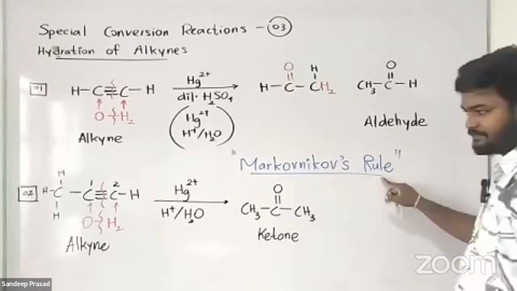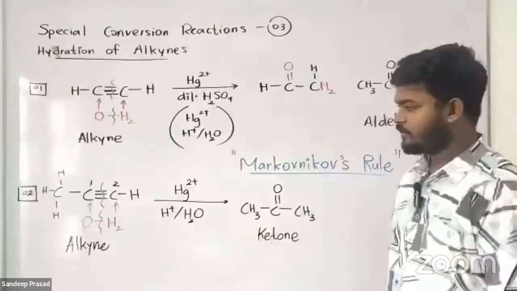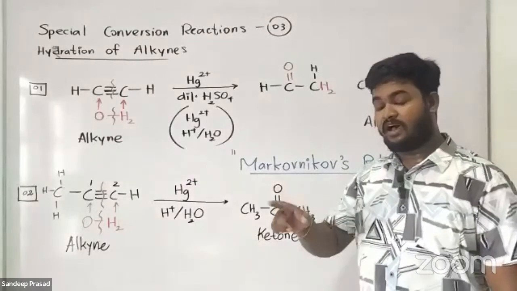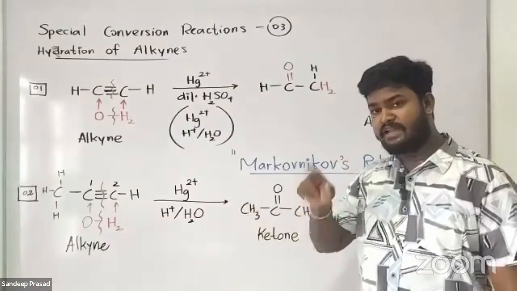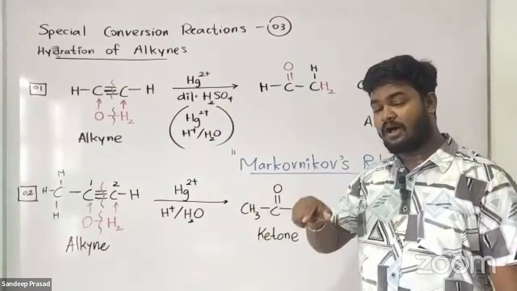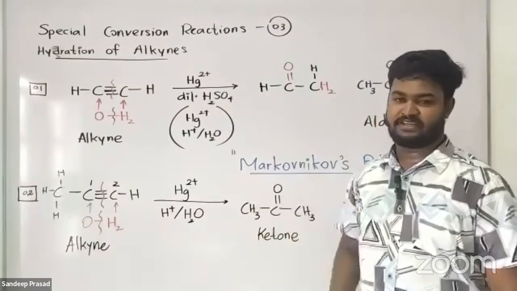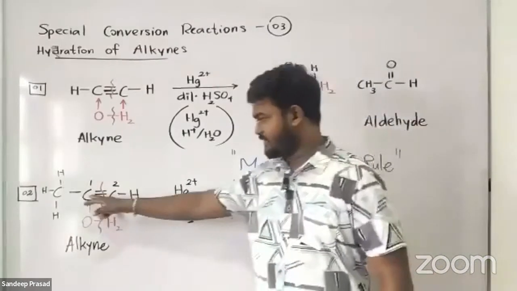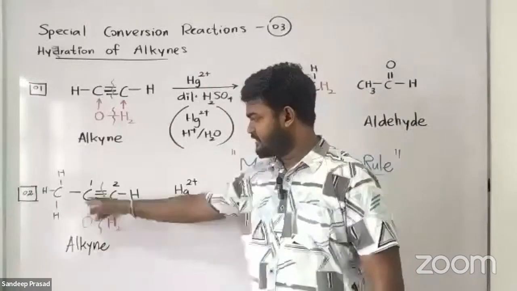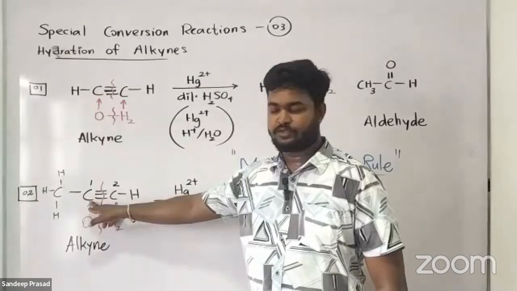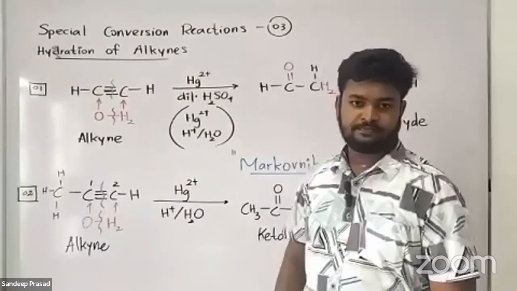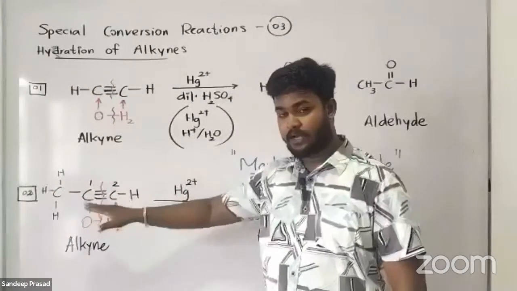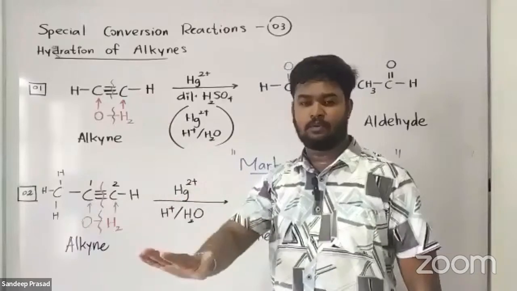Markovnikov's rule says that the rich one is becoming more rich, and I told you that the poor one is becoming more poor. What does that mean? That means when hydrogen is eliminating, hydrogens are eliminating from the carbon atom which has the least number of hydrogens. Just imagine hydrogen is eliminated. Here we can't take this example. For instance, this one is poor with hydrogens, no hydrogens, so hydrogens are eliminating from that one. Just imagine here there are two hydrogens and here one hydrogen, and then hydrogen is eliminating from the carbon atom which is connected to the least number of hydrogens.